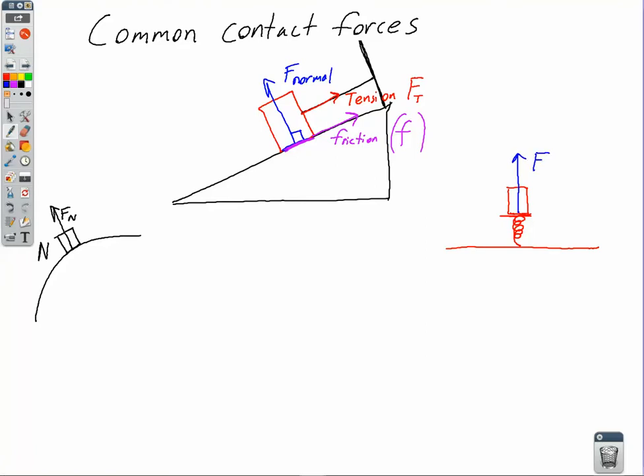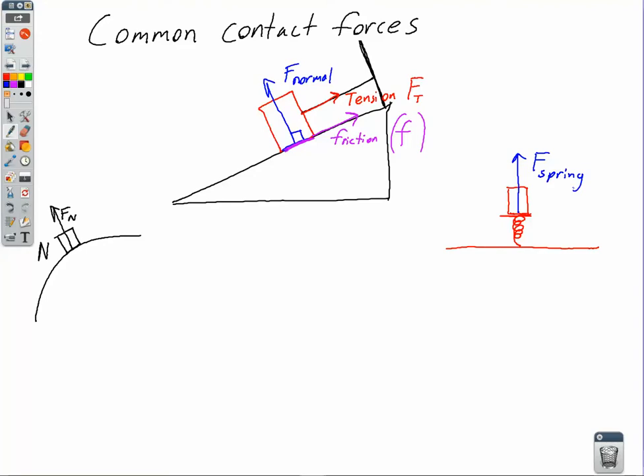All right, so we call this force spring. Spring forces can push or pull. If you pull a spring apart, then it's going to want to go back to its original shape, so it's going to pull back to its original shape. If you compress a spring, it's going to, again, want to go back to its original shape and push. So spring forces can be pushes or pulls.